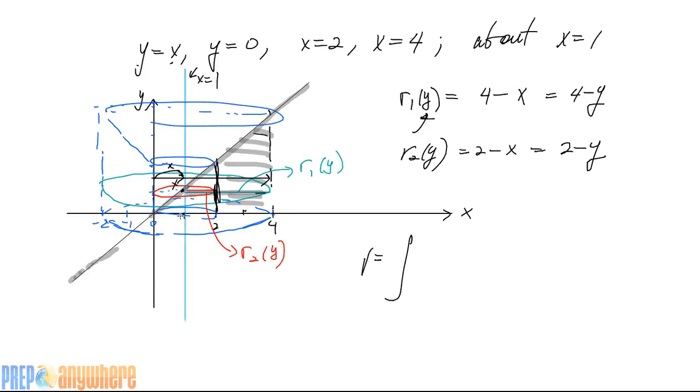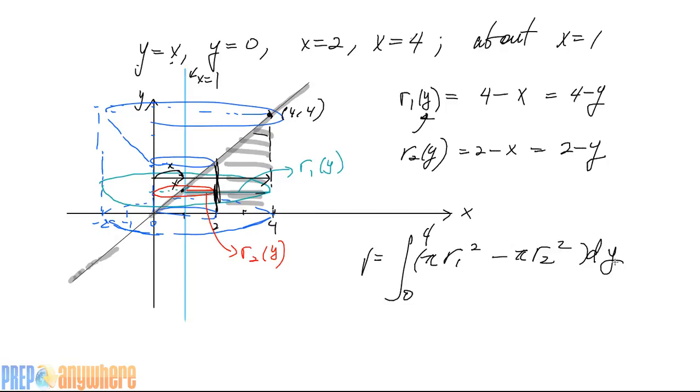Now we're almost done. We just have to integrate along y. We're integrating from 0 all the way up to here, and that point right there is going to be (4, 4). So we're integrating from 0 to 4, and it's going to be pi radius 1 squared minus pi radius 2 squared.